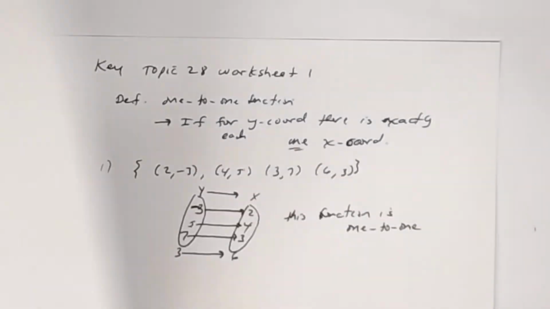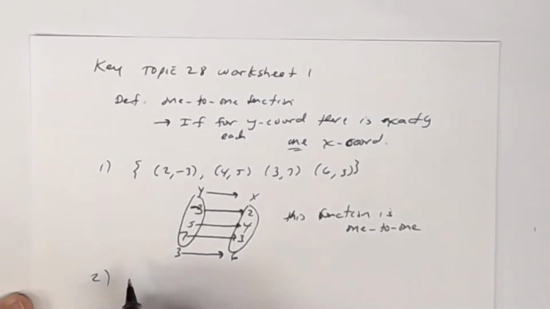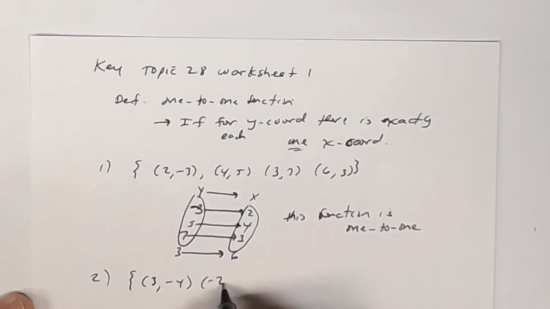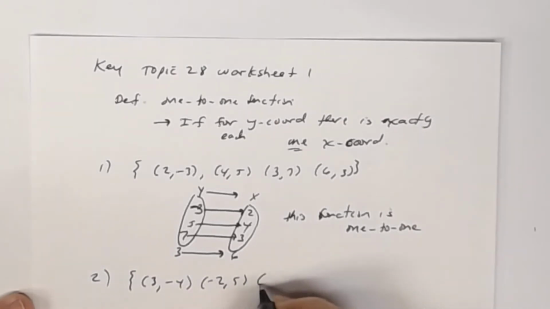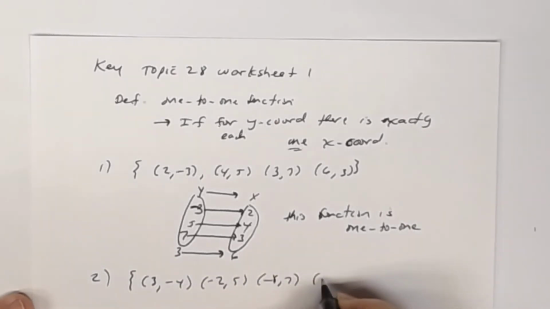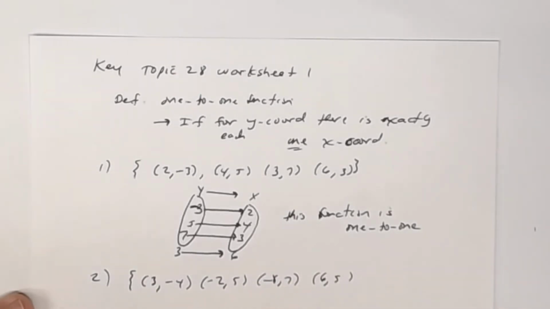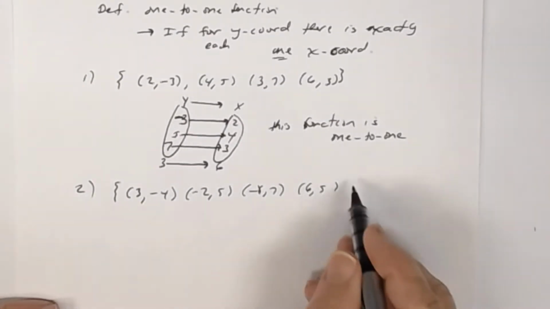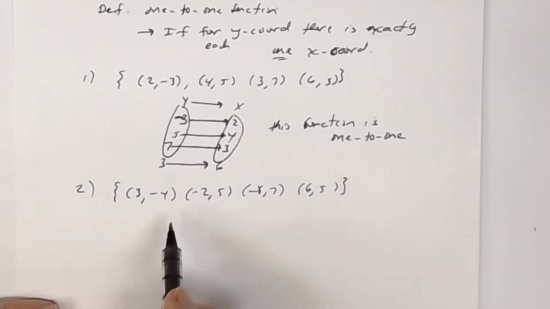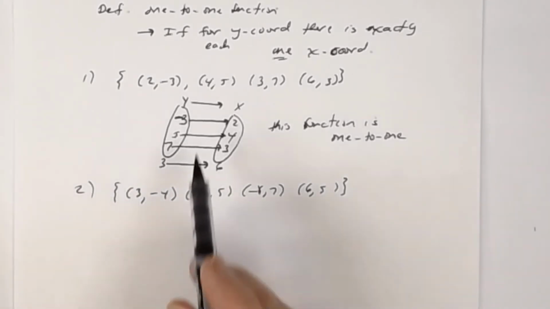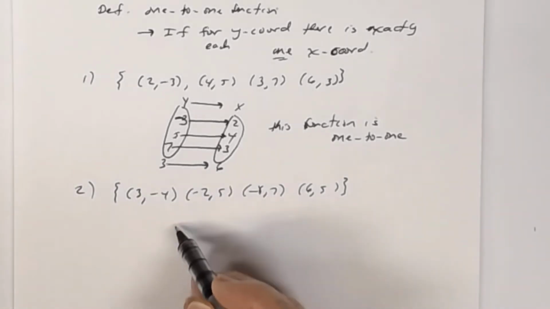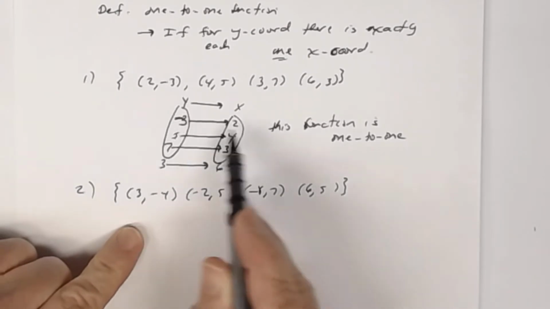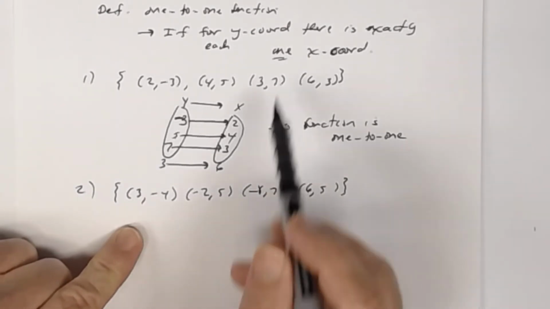All right, let's look at number 2. Number 2, we have this relation. So this function has these ordered pairs: (3, -4), (-2, 5), (-8, 7), and (6, 5). And we're going to use that same idea, that mapping, just like you did in a previous lesson when you talked about functions. So instead of saying x to y, you're going to say y to x, because that's what the definition says.